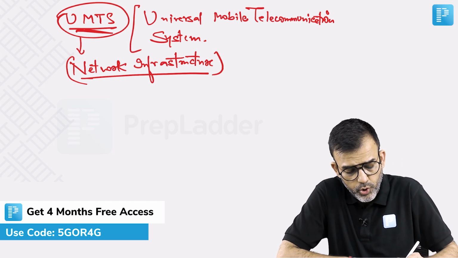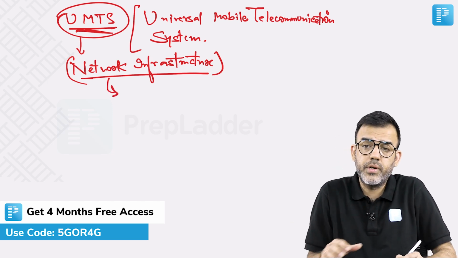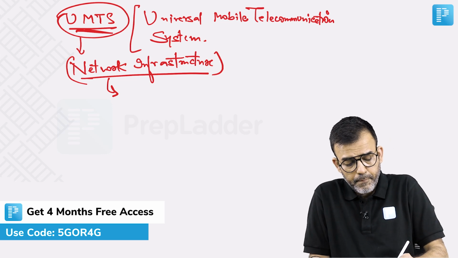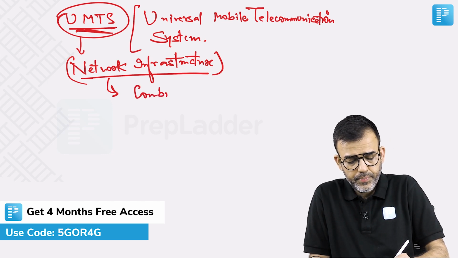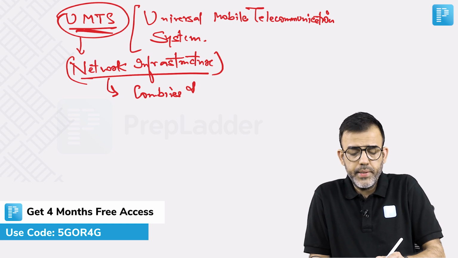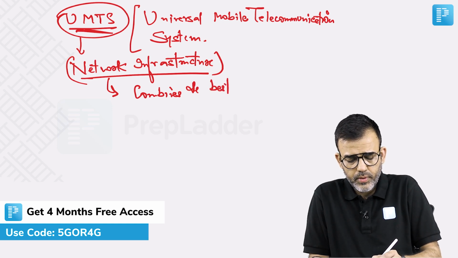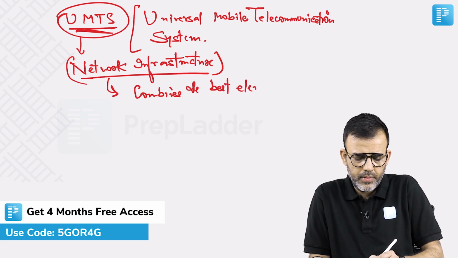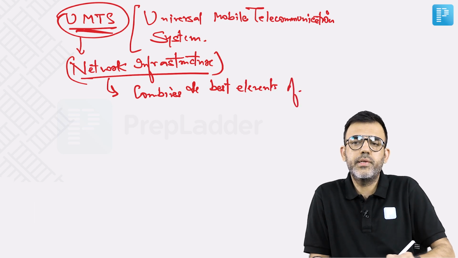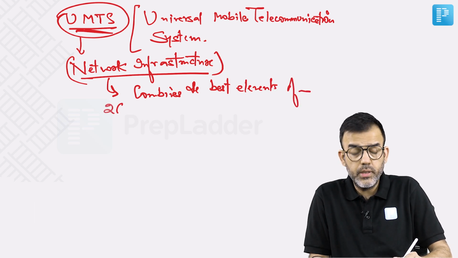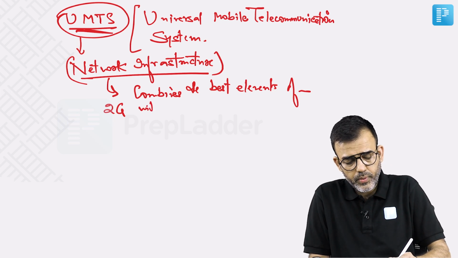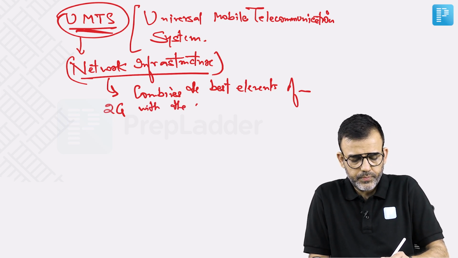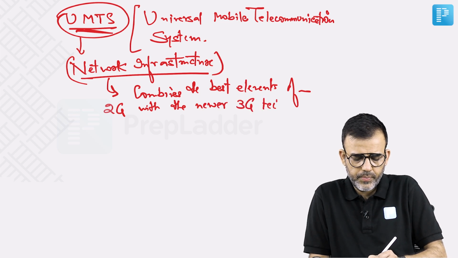This UMTS network infrastructure combines the best elements of 2G, the older generation of mobile telephony, with the newer 3G technology.